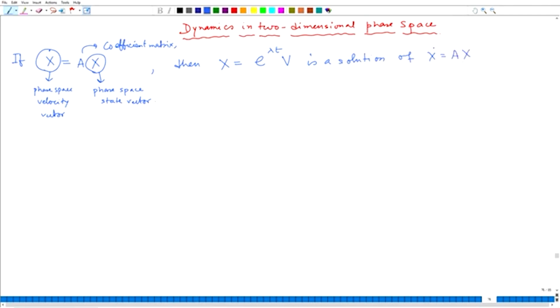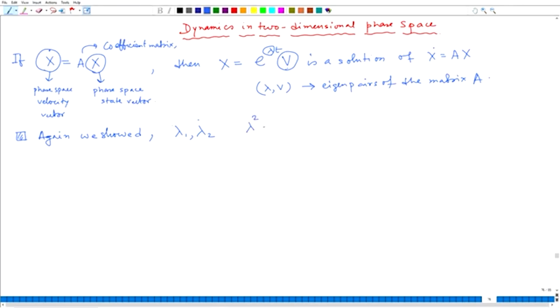Now, of course, here this lambda and v are not arbitrary. v is a vector, lambda is a number, and they are nothing but the eigenpairs of the matrix A. So, again we showed that lambda 1 and lambda 2, these two eigenvalues, for a 2D phase space for a linearized system, can be written as lambda square minus trace of A times lambda plus determinant of A is equal to 0.